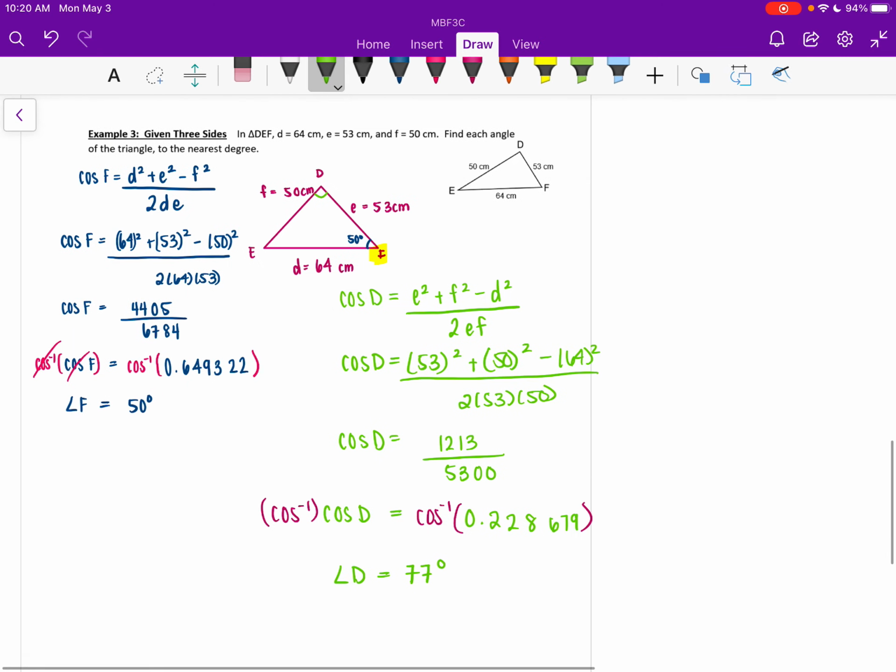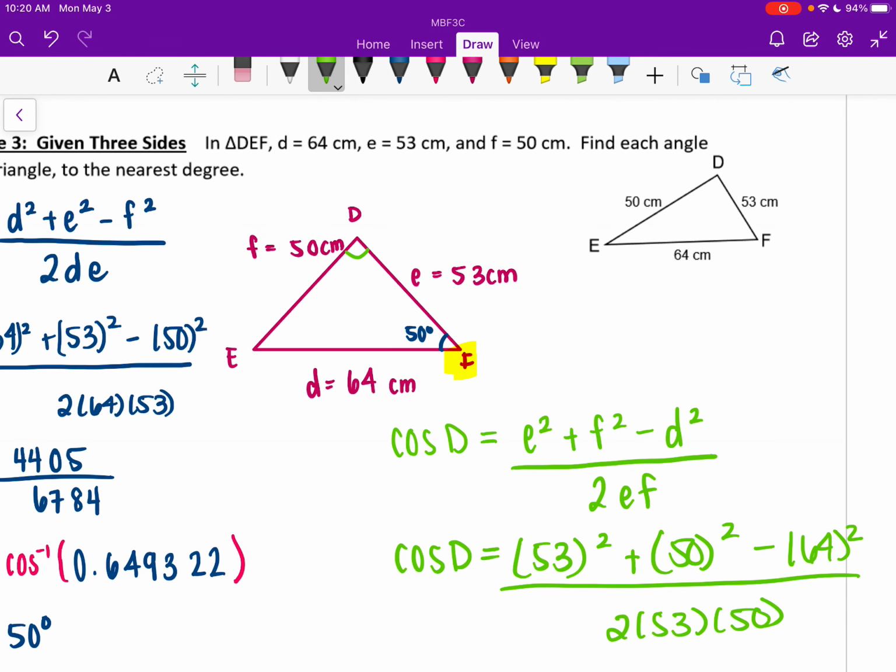Okay, so now I know the angle D here is 77 degrees. Now I have two of the angles inside of my triangle, which means that to find the last angle, angle E, I know all of these angles add up to 180, so I can say angle E is equal to 180 minus 50 minus 77, and that'll give me 53.